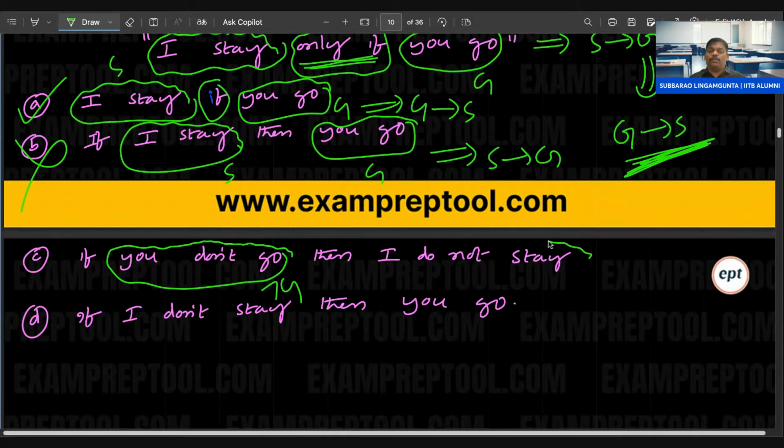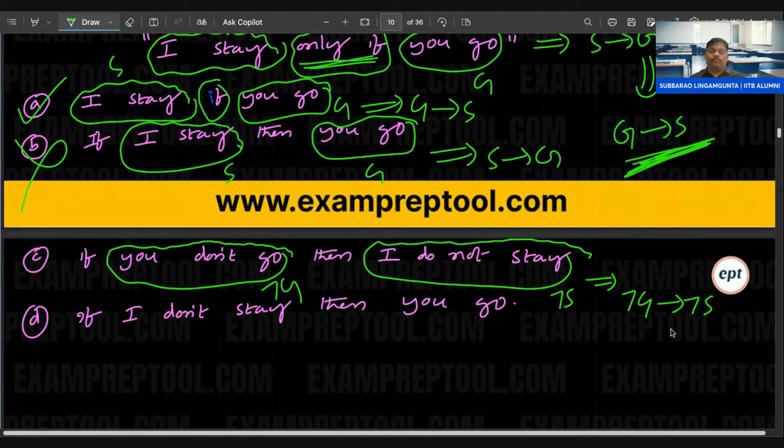Then I don't stay, negation S. So which will go to if P then Q. Negation G implies negation S. This can be written as S goes to G. Check. So it's like option B, right? This also fails.